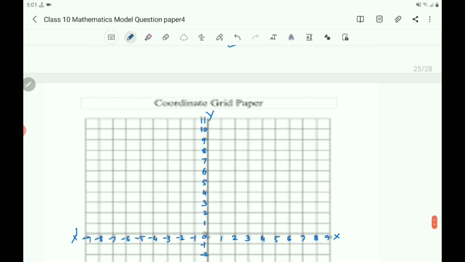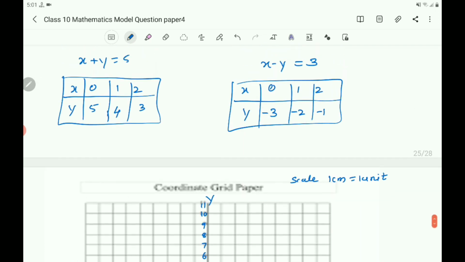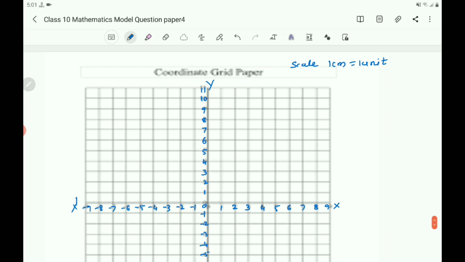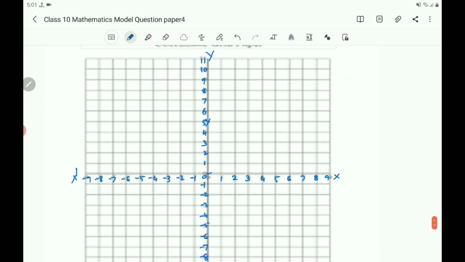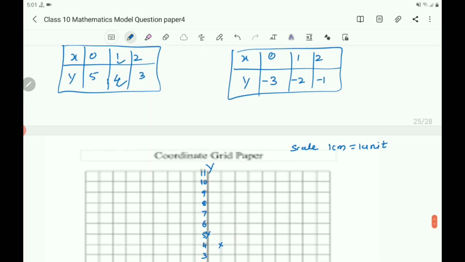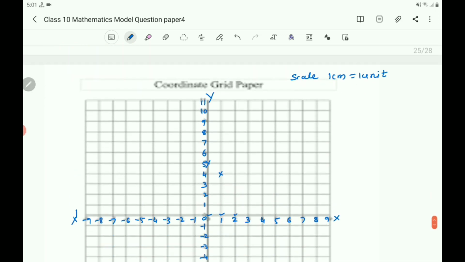Here we have taken the scale: 1 centimeter equals 1 unit. So first you take 0, 5. 0 is here, go straight to mark 5. Then next 1, 4. 1 is here, go straight to mark 4. Next 2, 3. 2 is here, go straight to mark 3.